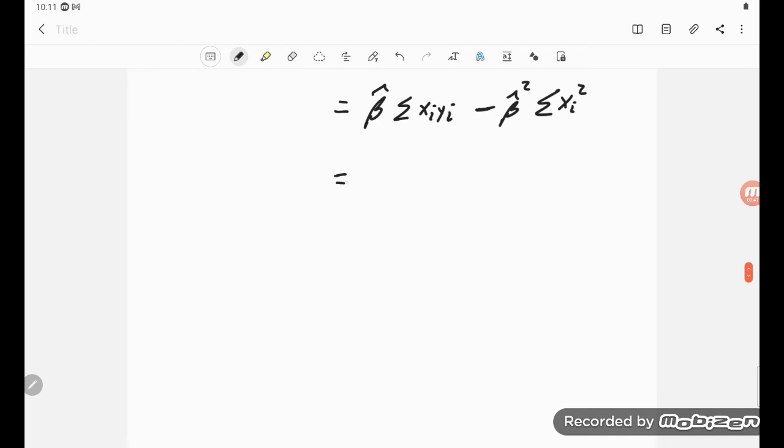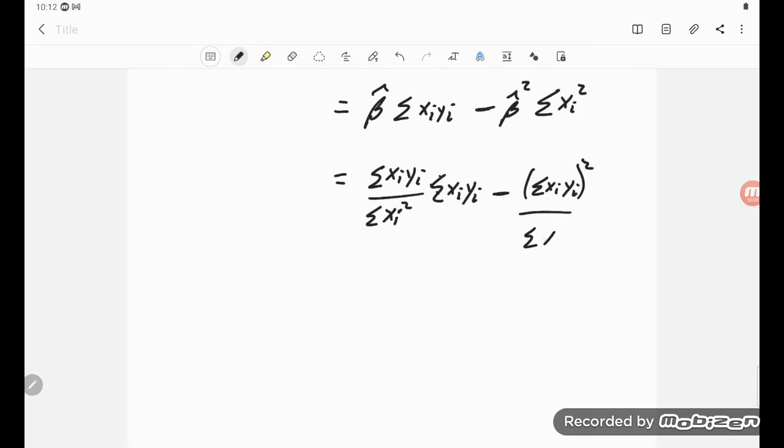Okay, now, beta hat, we calculated that, and beta hat was the sum of the xi yi divided by the sum of the xi squared, and so that's times the sum of the xi yi, minus, and so now we have the sum of the xi yi over the sum of the xi squared, and then that whole thing squared for our beta hat squared, and then times the sum of the xi squared.